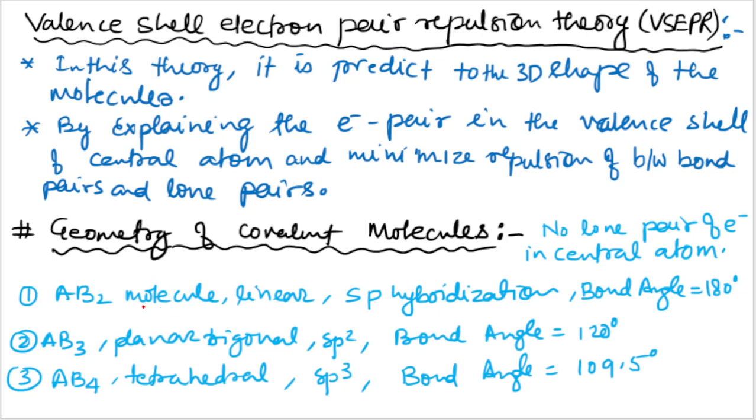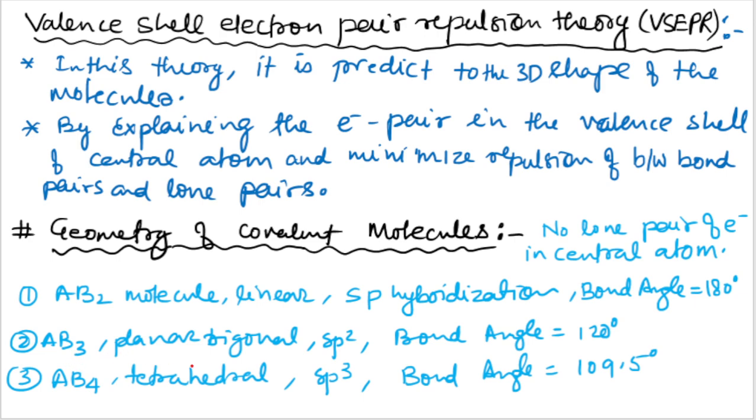I am talking about general forms. For AB2 types of molecules, the geometry is linear and the hybridization is sp. The bond angle between two bonds is 180 degrees.